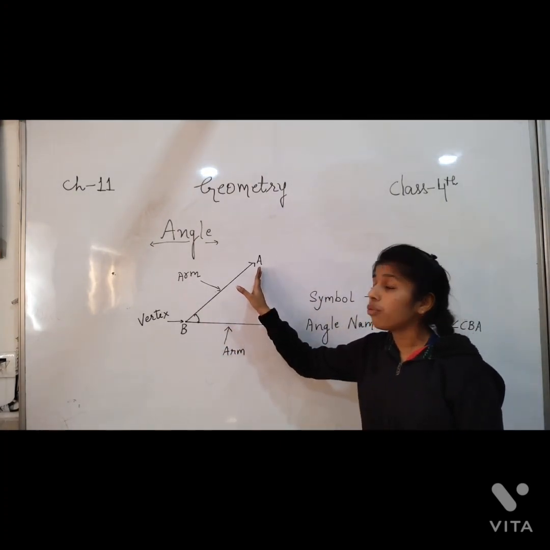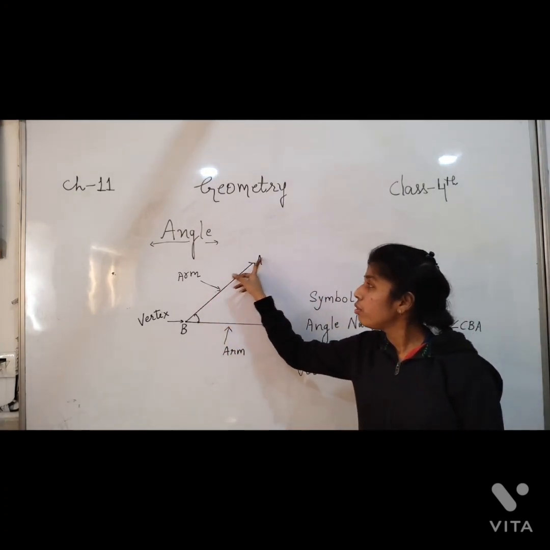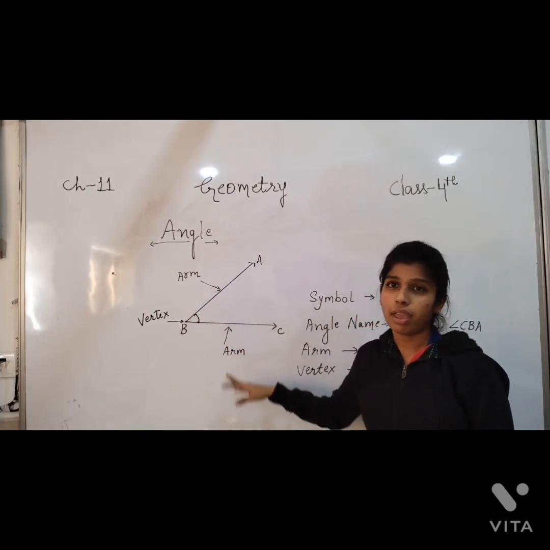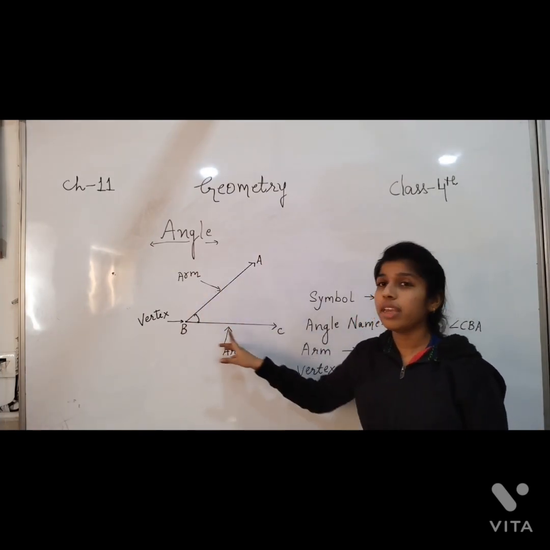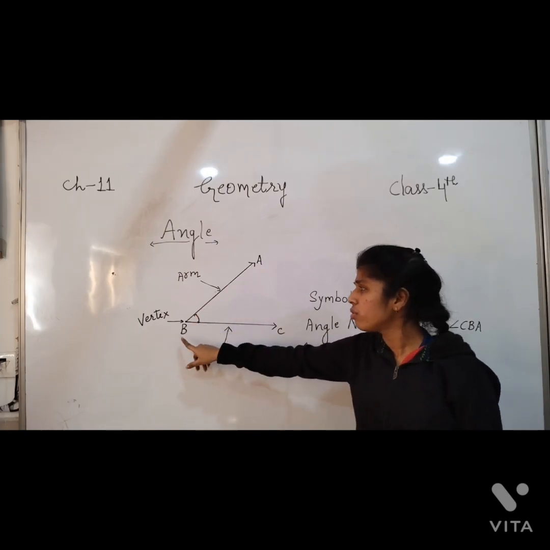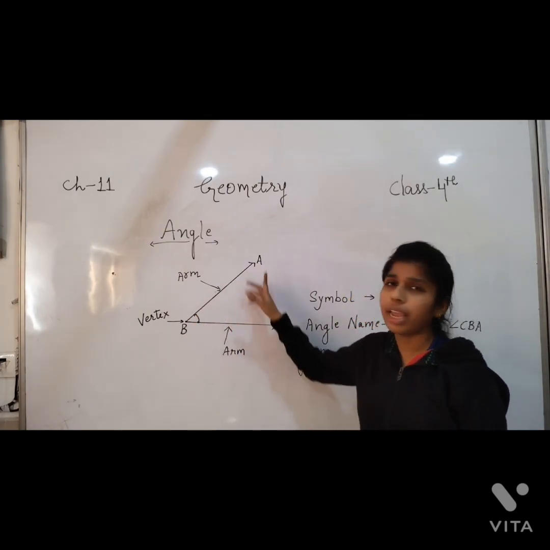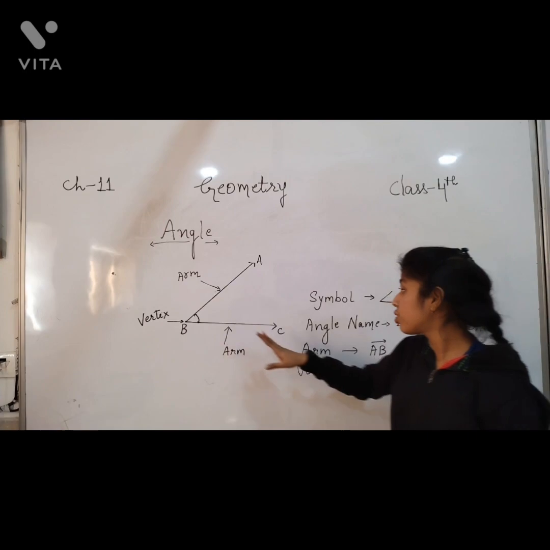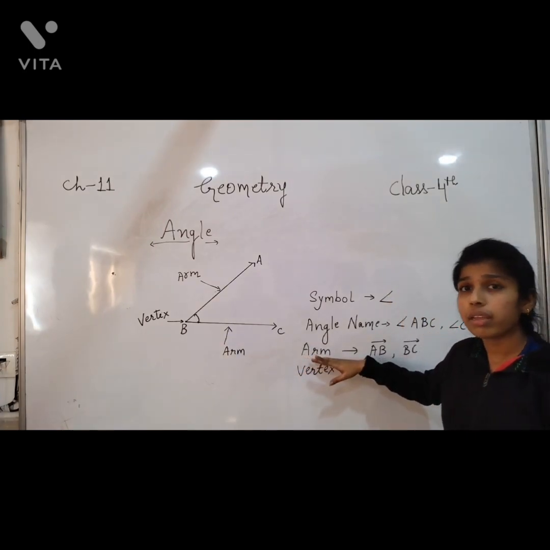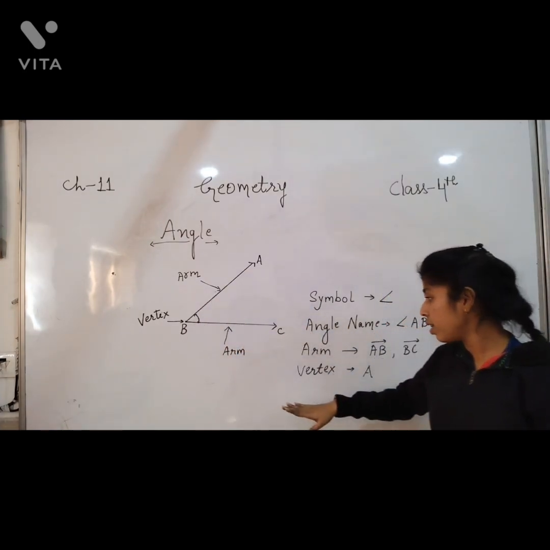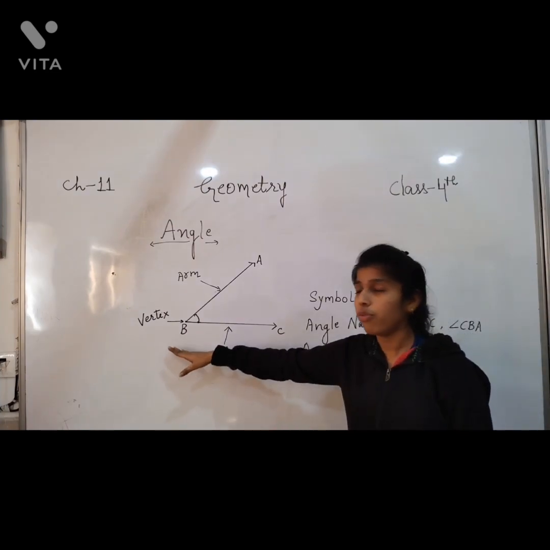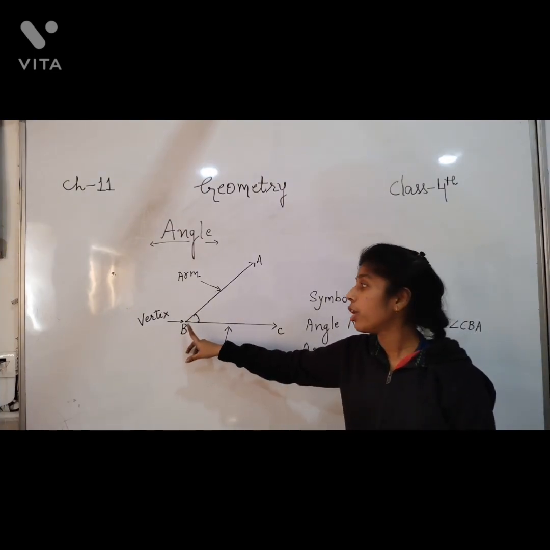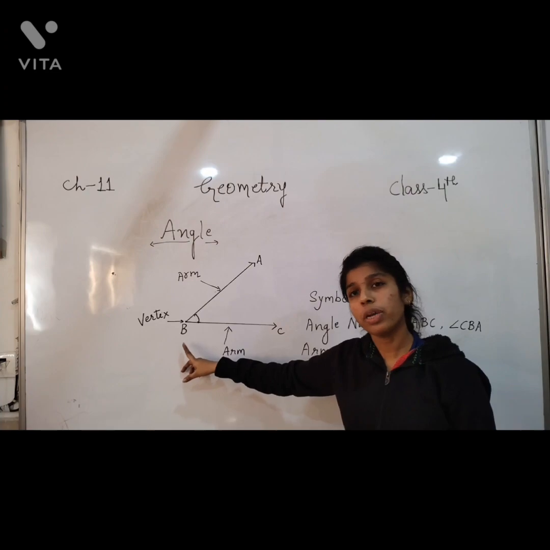Second thing is, if you write any name, you take it in a particular way, like ABC and BCA, not BAC, like this is a wrong way. Next, the names of the arms of the angle are AB and BC. Last one is vertex. As I told you, vertex is a point where two rays meet at a particular common point.